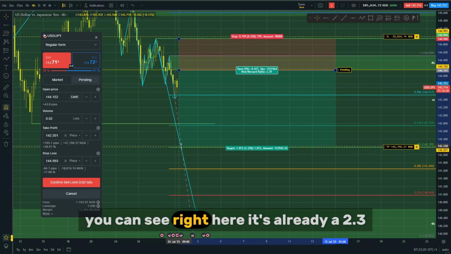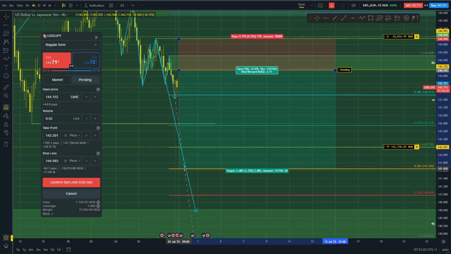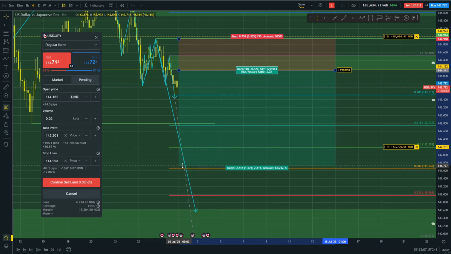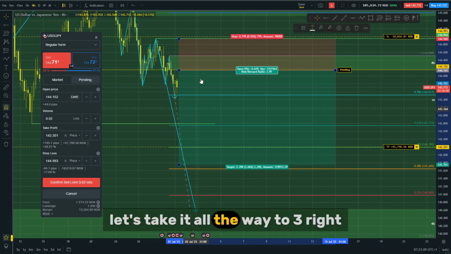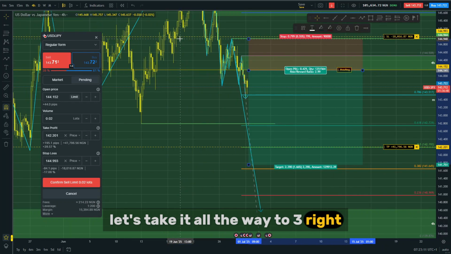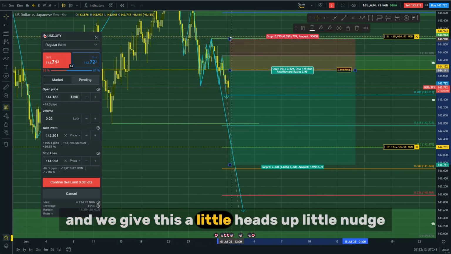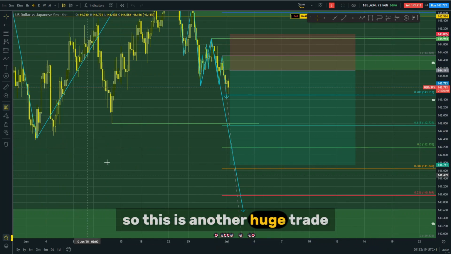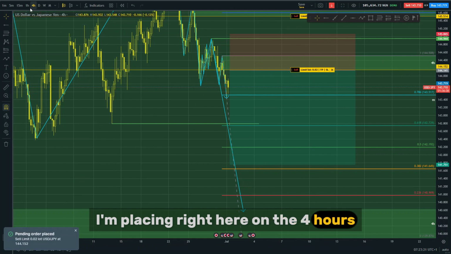You can see right here it's already a 2.3. This is already a 3 RR. I could just say, okay, let's take it all the way to 3, and we give this a little nudge. So this is another huge trade I'm placing right here on the 4 hours.